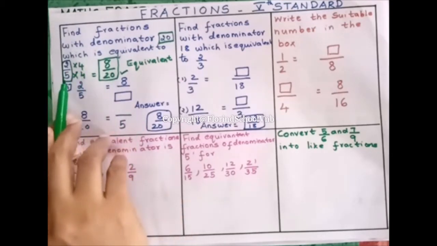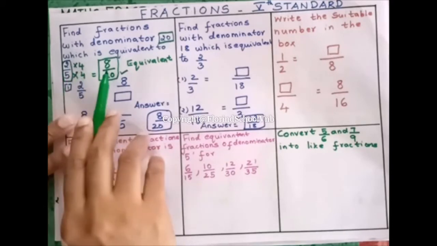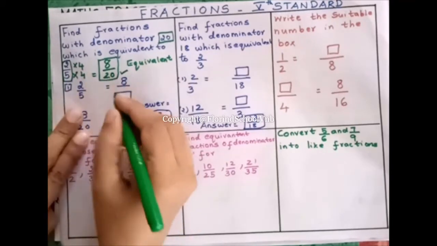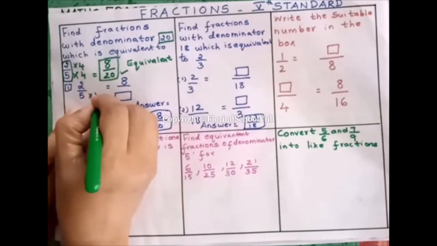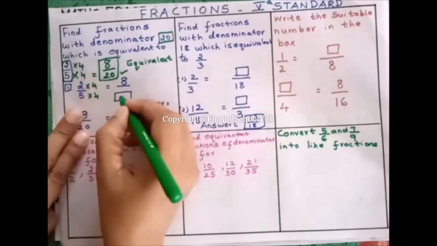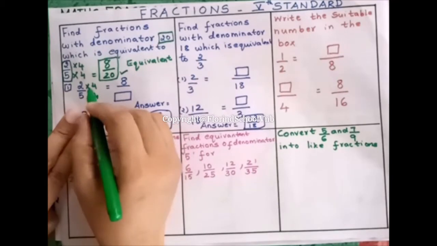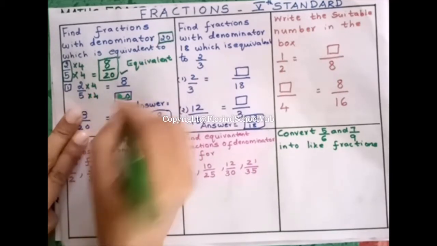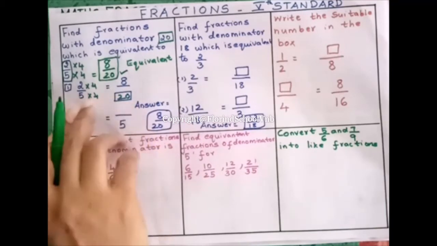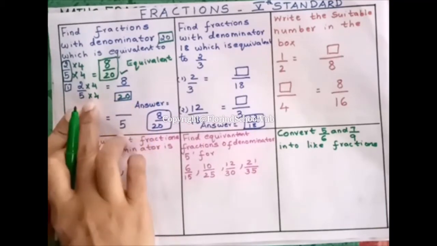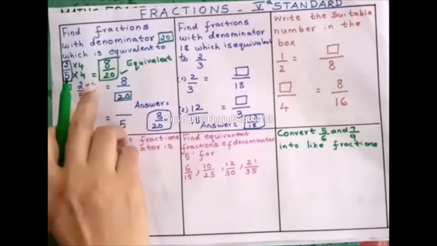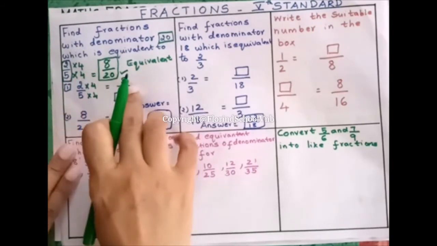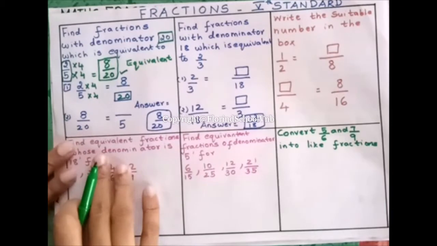So 2 by 5 is an equivalent fraction of 8 by 20. When 2 by 5 is multiplied by 4, you get the denominator 5 fours are 20. Since you have multiplied the denominator by 4, you should multiply the numerator also by 4 and you get the answer.